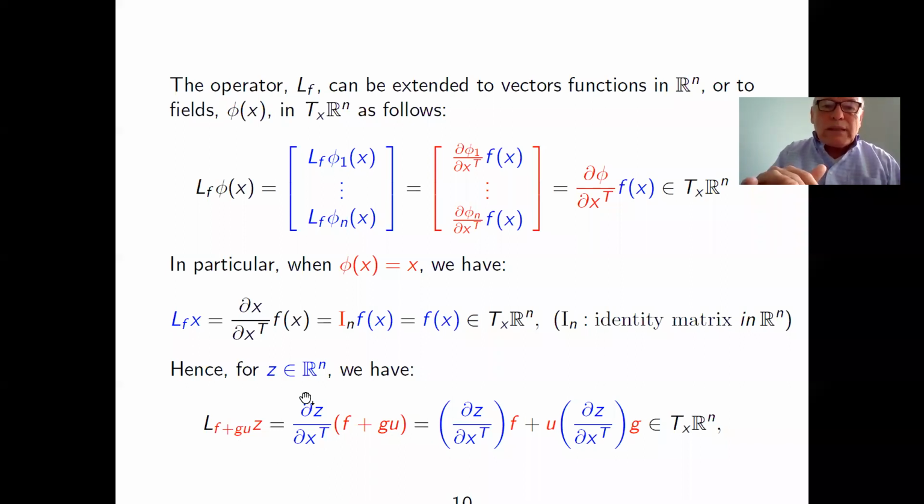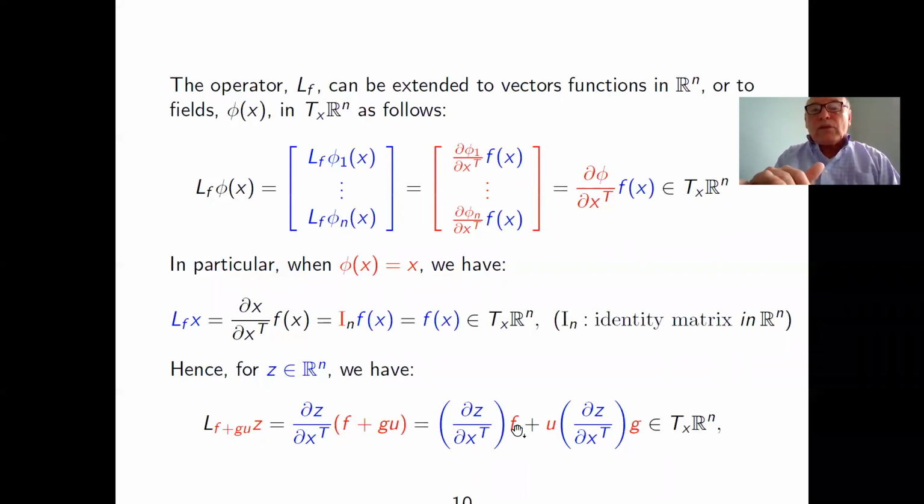So that will give us a matrix, which is the gradient of each component of z ordered as a matrix in a set of row vectors that will be multiplied by this column vector, giving us the product of a matrix times a column vector that gives us, again, a column vector.